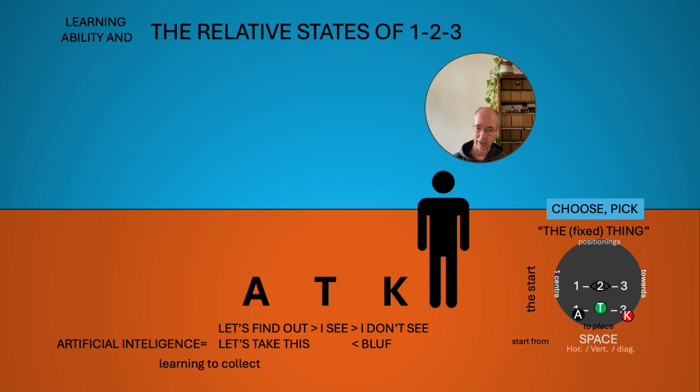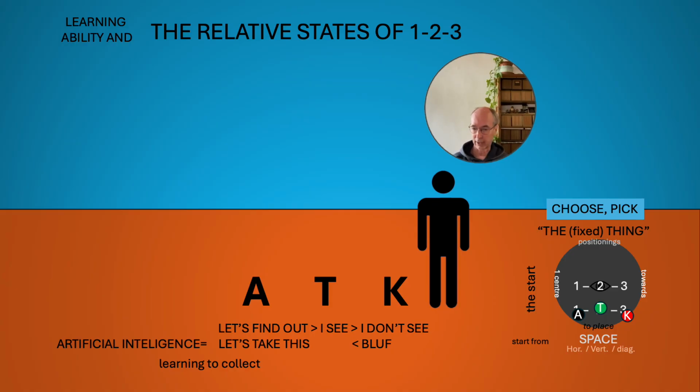That's why I'm going to renew the basics from ATK, and I will tell you again how this works, how the mindset is working in A, in T, and K, and what is missing at that point in K, and how you can solve it.